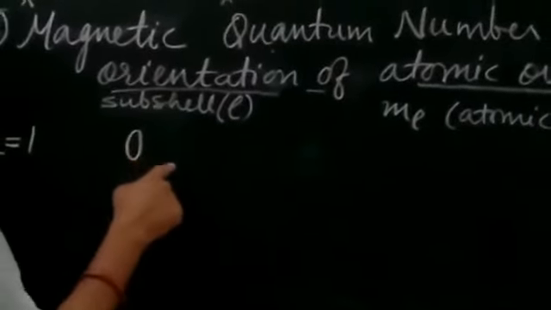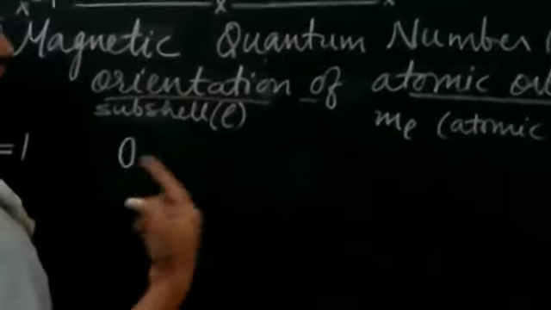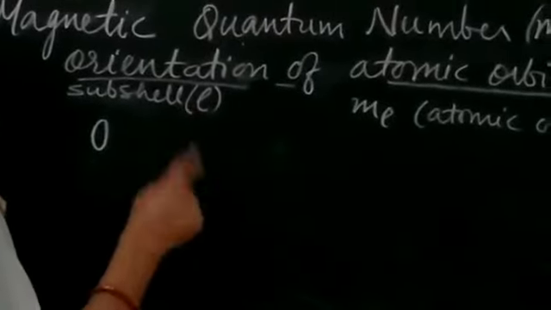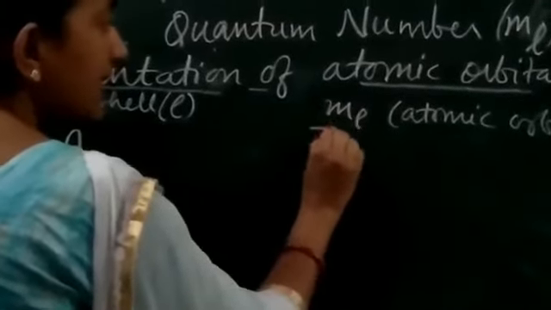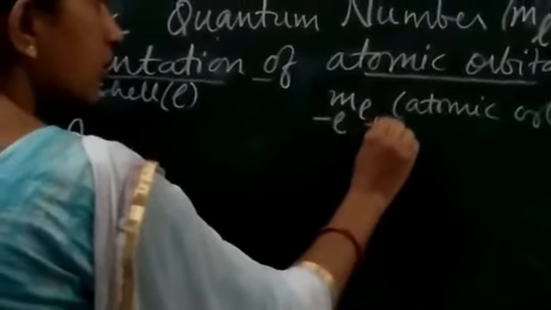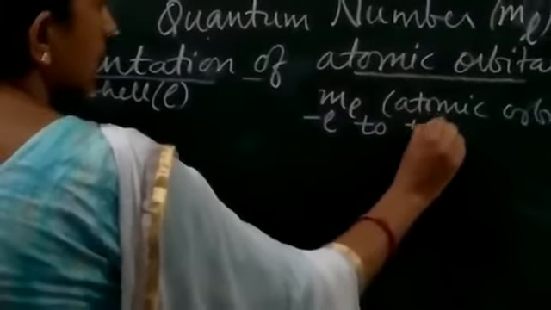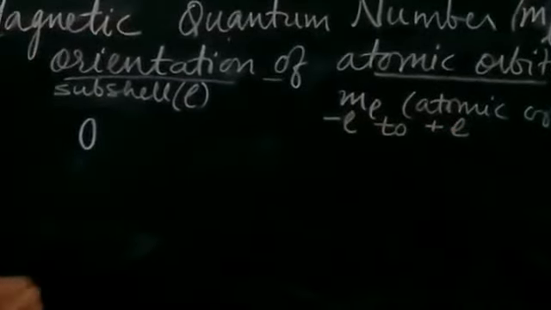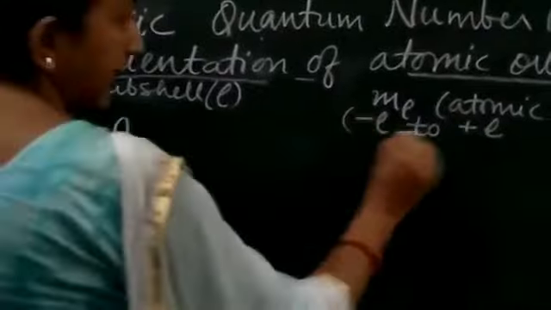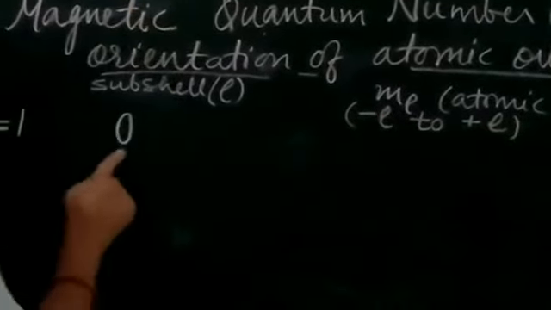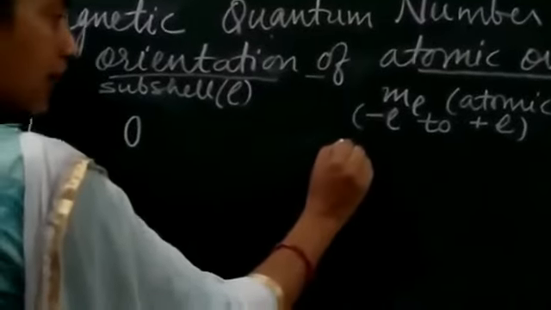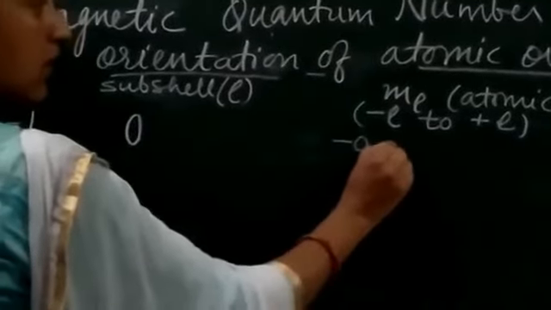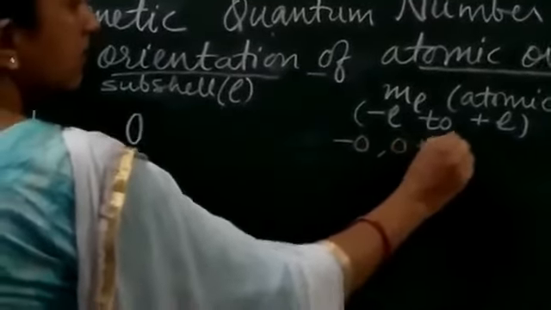So for every subshell, the number of orientations, or the number of atomic orbitals related to it, will be from minus l to plus l, right? Definitely 0 will also be there. So it is 0. What are the possible values? It is minus 0, then 0 and plus 0.